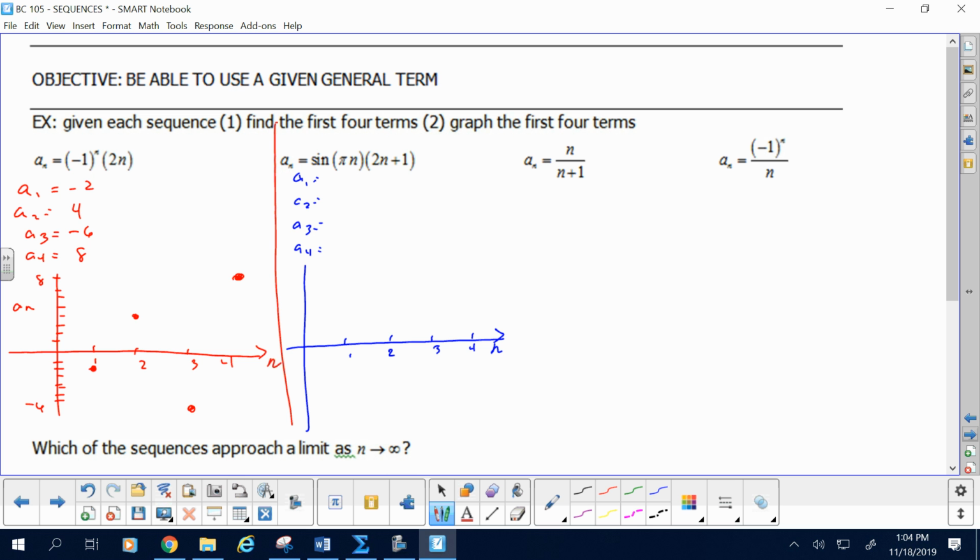If you're thinking that's boring, then what are all the terms here? Okay, you're doing fine.